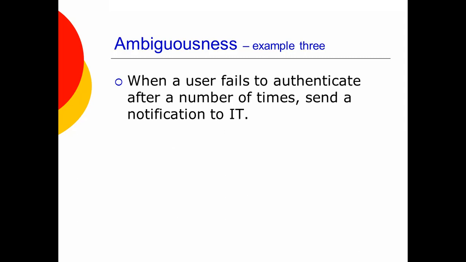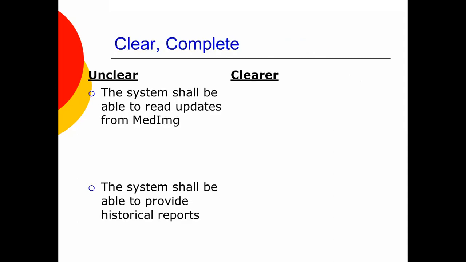So when a user fails, we have to inform the head of IT, or we give the notification to them. So, clear and complete. Now you can differentiate what is unclear and what is clear.